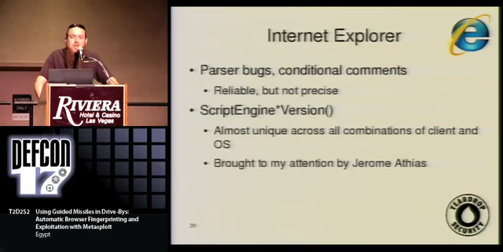It's reliable, and it'll definitely tell us that it's IE 5.5 or older, but it's not precise. It only tells us that. Luckily, Internet Explorer gives us these awesome functions called ScriptEngineMajorVersion, ScriptEngineMinorVersion, and ScriptEngineBuildVersion.